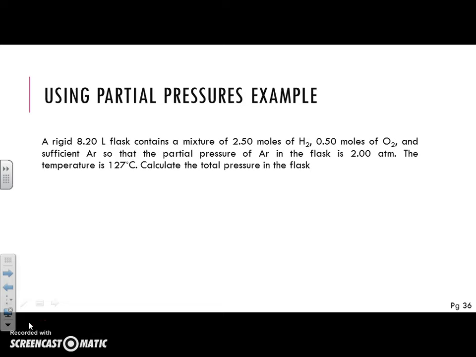Since we want to find the total pressure in the flask, we need all of the partial pressures. So far, the only partial pressure that we have is the partial pressure for argon, which is 2 atmospheres. We need to find the partial pressure of H2 and O2 in order to be able to solve the problem.